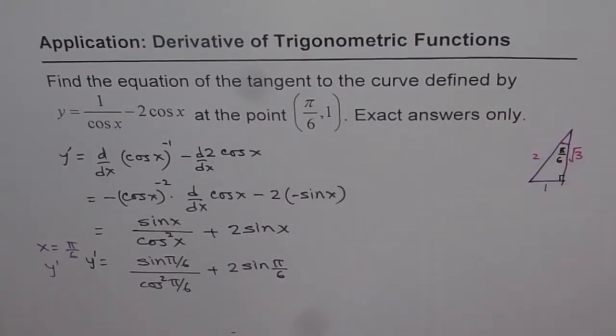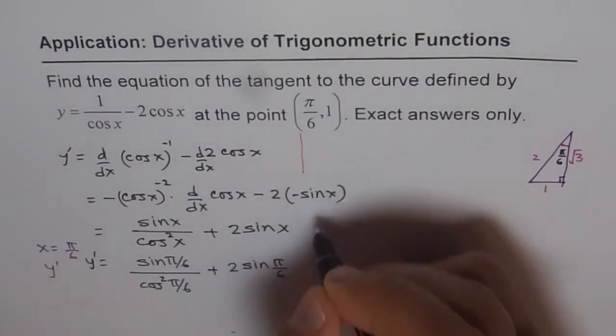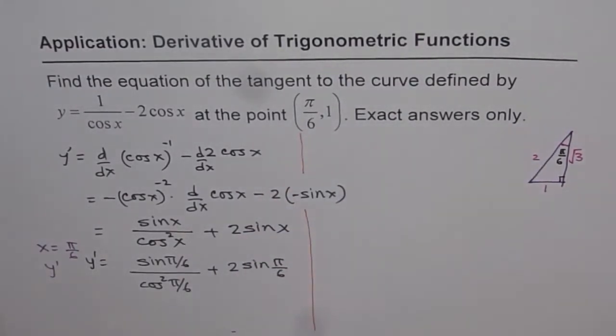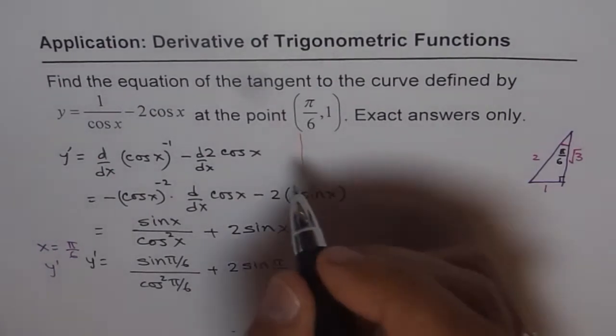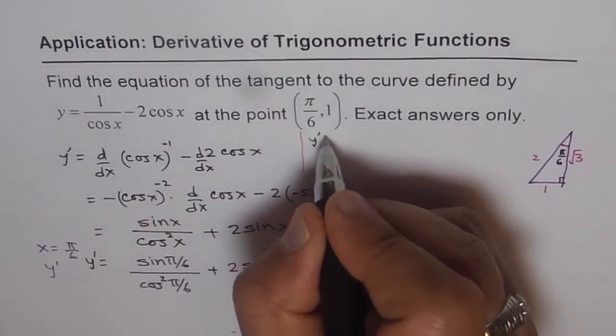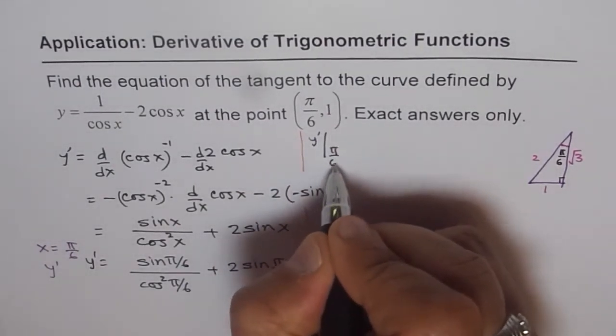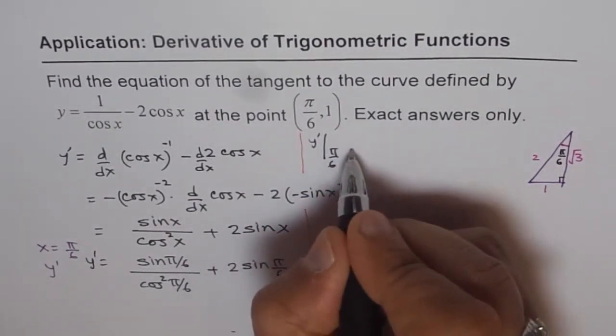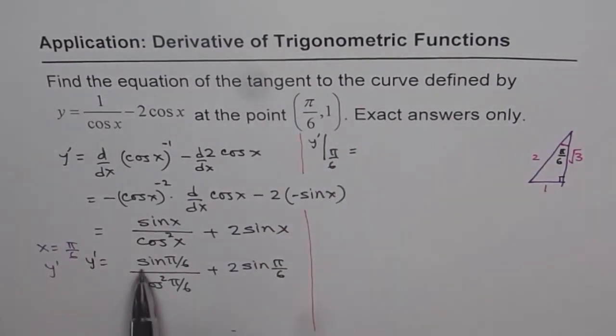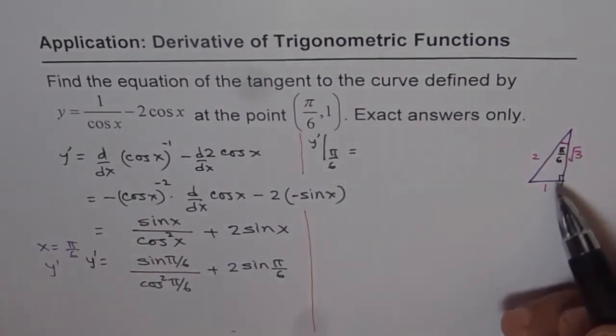Now let me write down all these things on the right side from now onwards, so that's kind of easier. We have the slope, which we're trying to find at x equals pi by 6. Sine pi by 6 is 1 over 2.